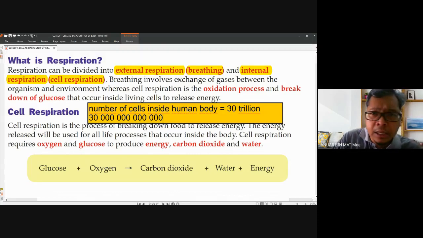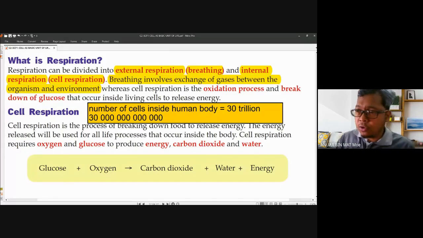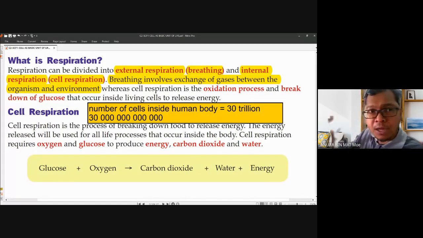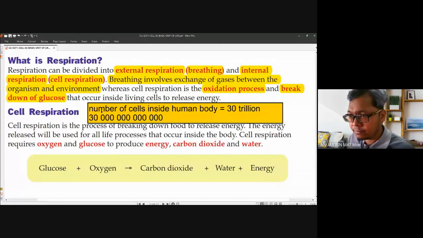Breathing involves exchange of gas between the organism and the environment. This is what we call external respiration, the exchange of gas between us, as living organisms, and the environment. And then cell respiration is the oxidation process and the breakdown of glucose that occurs inside living cells to release energy.